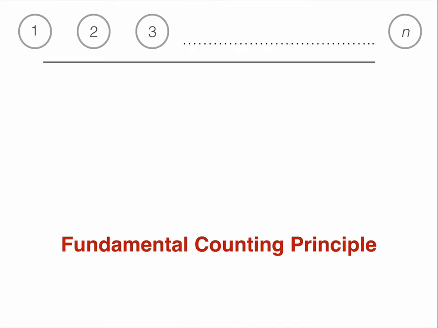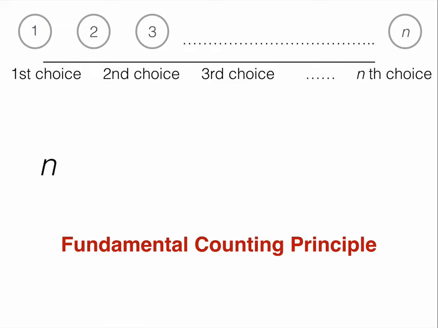Well, for your first choice, you could choose from n objects. So if there's 10 of them, you'd have 10 choices. For your second choice, you would now have 1 less. So if you've chosen 1 out of 10, you've now only got 9 left to choose from. And then you've got 8 to choose from if your original number was 10. But using the symbols, you've got n minus 2, and so on until you get to the last one, when there is only one choice.